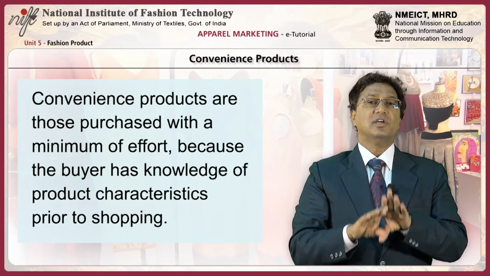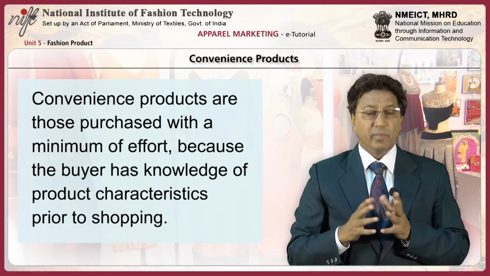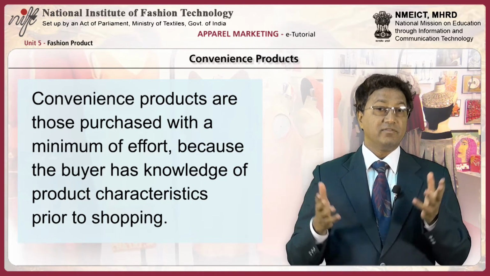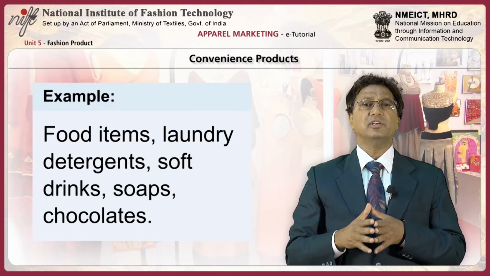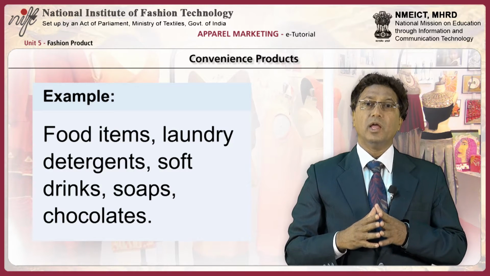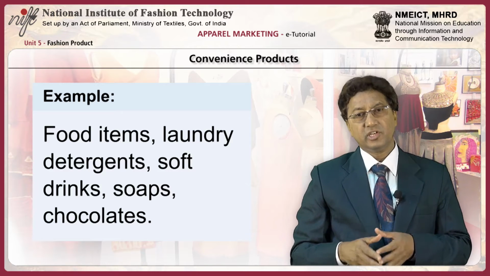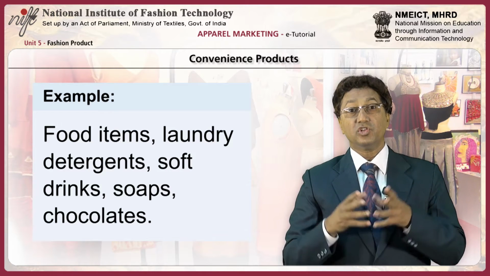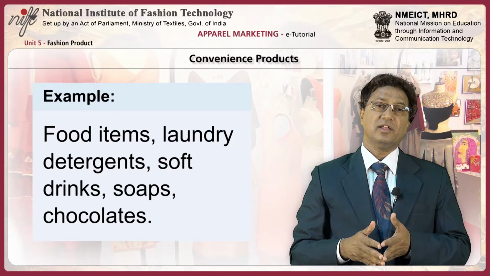The consumer does not want to search for additional information because he has the product familiarity. For most buyers, convenience goods include many food items, laundry detergents, soft drinks, soaps, chocolates, etc.